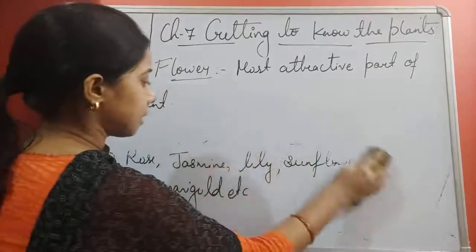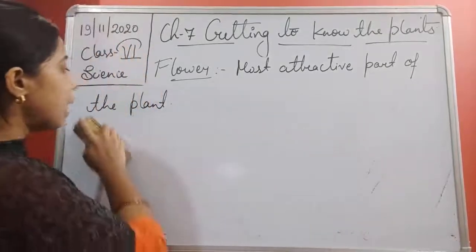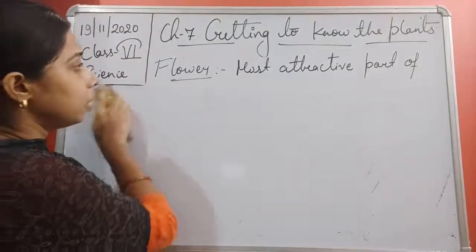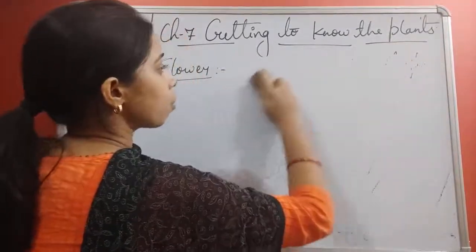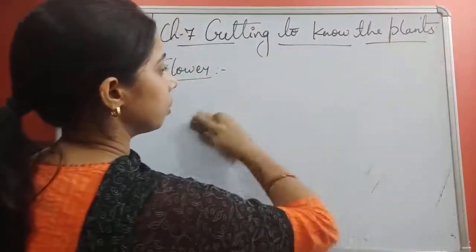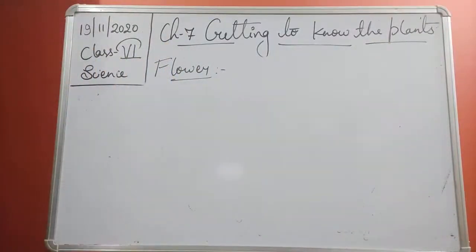Now we have discussed the shape, the sizes and the color. Now let us try to understand the different parts of the flower. So basically the flower consists of four main parts.